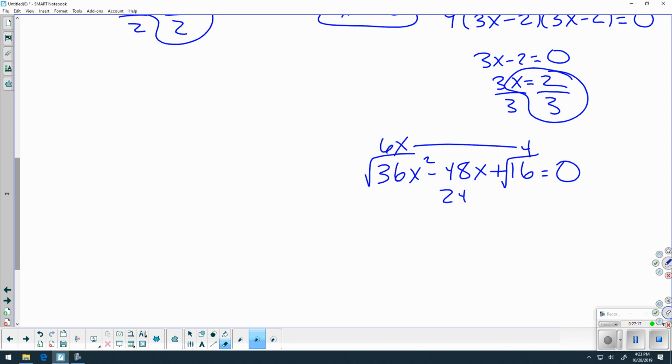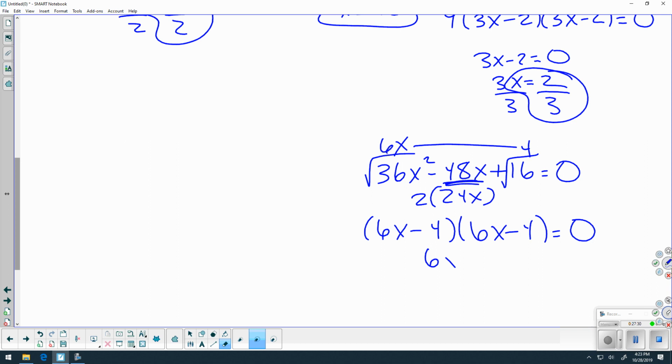Multiply those, that's 24x. And then when you double it, it is 48x. But the way this would factor would be 6x minus 4, another 6x minus 4. Where when you solve it, if you set 6x minus 4 equal to 0, you would add 4 and then divide by 6. Where again, like I said, you just need to reduce your final answer, which still comes out the same to being 2/3.